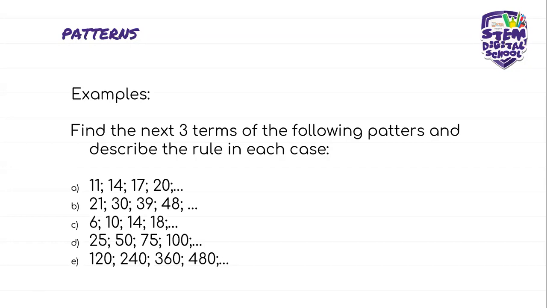Again, you can do it with the next 2 terms, 240 and 360. If you subtract 360 minus 240, that will give you 120, and that will definitely be the rule. Let's go to Savannah.